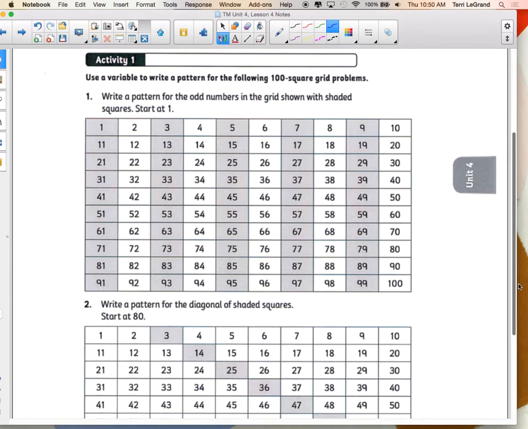So the first thing I want us to do is make this little note up here to the side. N is going to be our variable. So N is the shaded number. It's going to represent any shaded number in that table, in that 100 square grid.